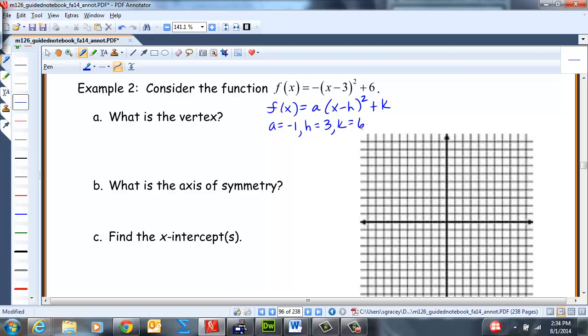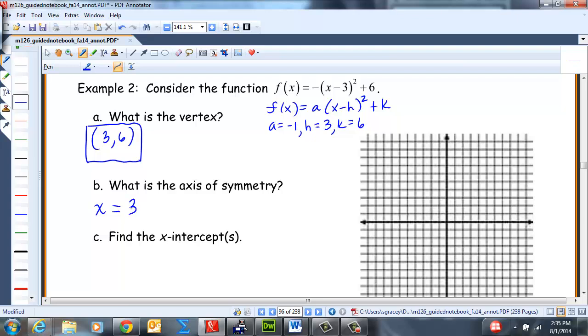So you've got all the pieces down. The vertex is h comma k, which is 3 comma 6. And you're done there. The axis of symmetry is the vertical line that goes through the vertex. So x is equal to 3.